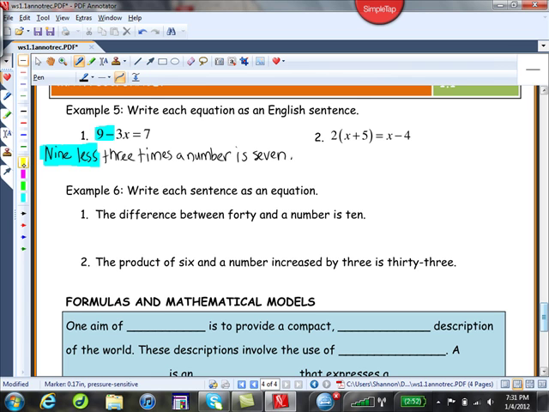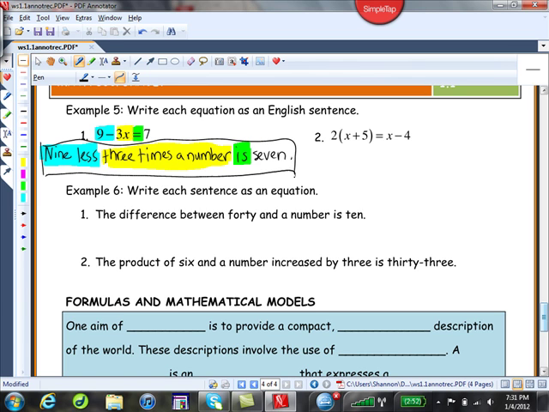So we have the 9 less, the 3x can be read as 3 times the number, is the green, and then 7 is 7. All right. Now why don't you try number 2? See how you do.